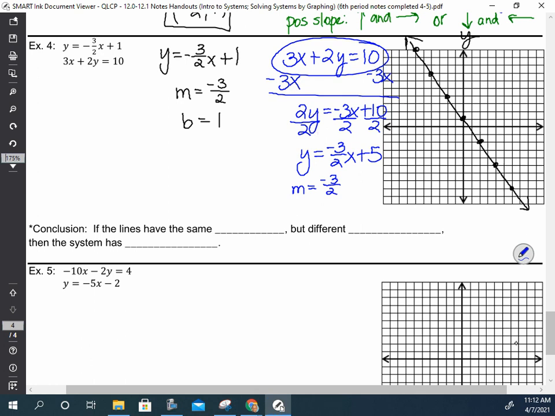So there's your slope. Oh, look at that. Slopes are the same. Y-intercept is 5. So now we can go ahead and graph.